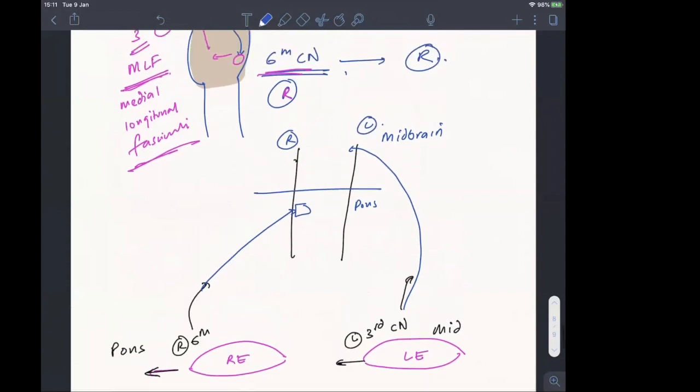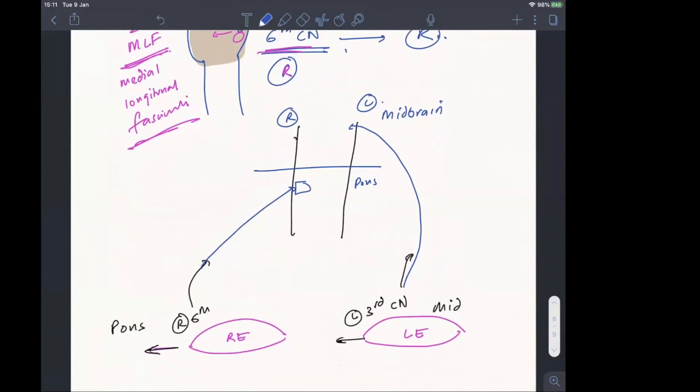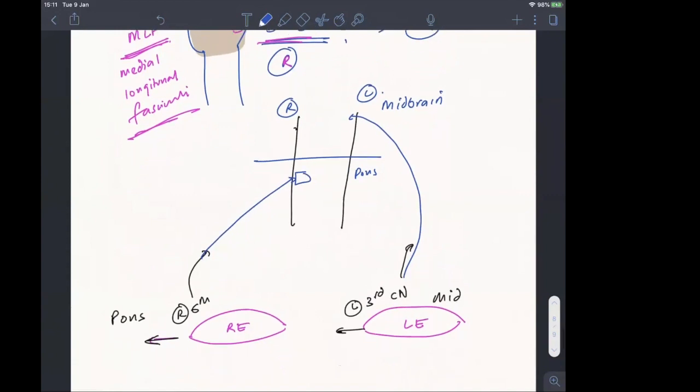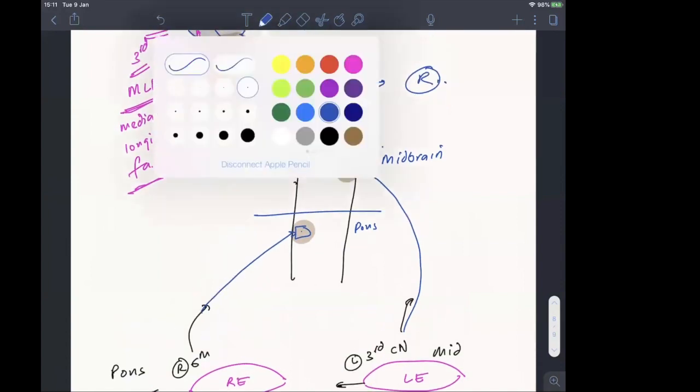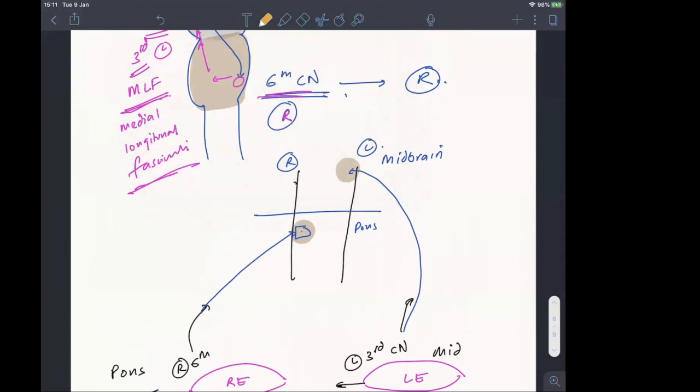Fine. Is this clear? I hope that I'm not confusing you too much, but basically for you to look towards the right, these two nuclei have to act and they both have to act together. So the way they act together is from your superior colliculus, the action will come here.